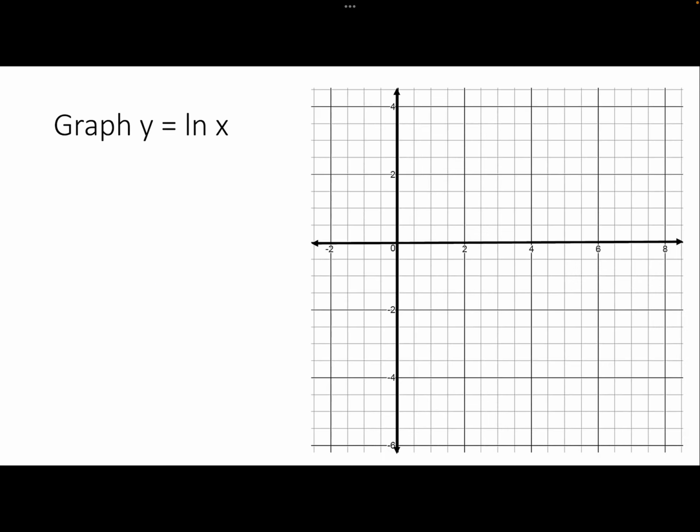So if we're graphing y equals the natural log of x, the easiest way to do this is to find your common point and your base point, and your asymptote, and graph them. So my asymptote is the y-axis, x equals 0.